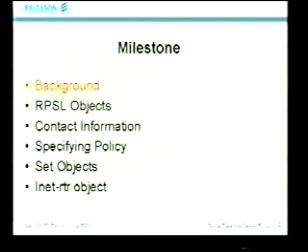Now, throughout this presentation, you'll see a milestone. This is a sort of signpost that tells me where I am. So I've just done the background. I'm now going to take a look at RPSL objects. This is for most of the afternoon. This bit takes quite a lot of time, specifying policy.